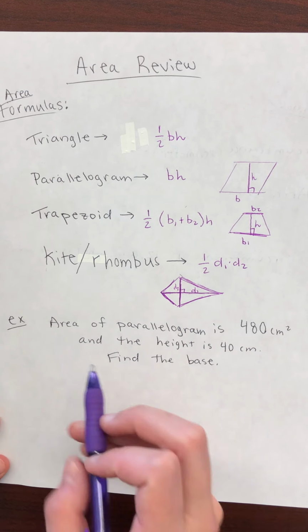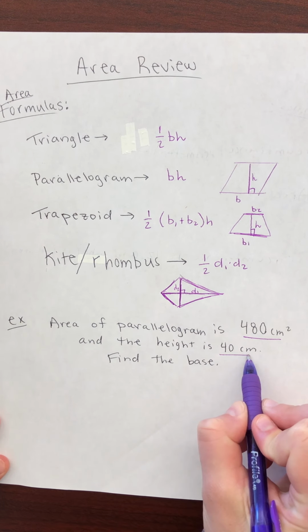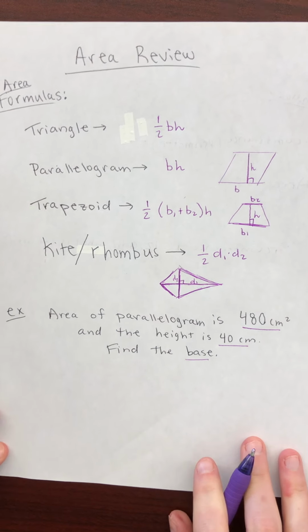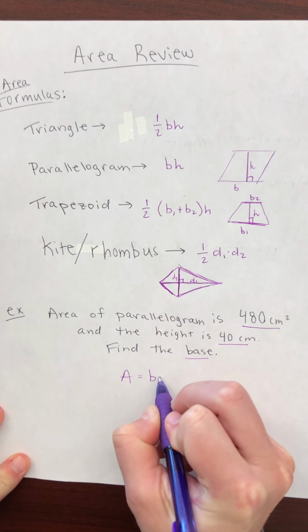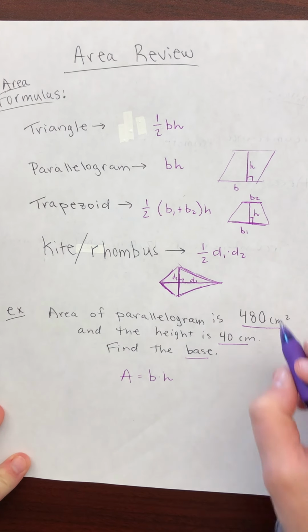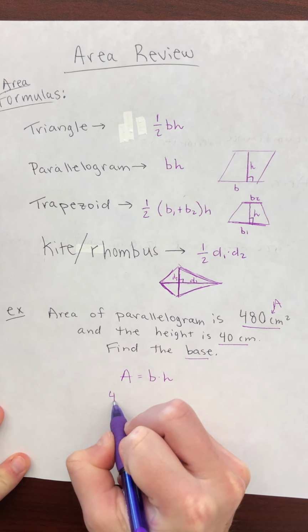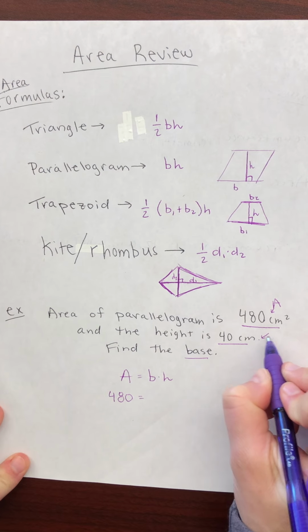So area of a parallelogram is 480 centimeters squared, and this is its height. Find the base. So first thing you would always do is think of your formula. Area for a parallelogram is base times height. This is big A. Right? This is my area, so I'm going to replace big A with 480. This is my height.